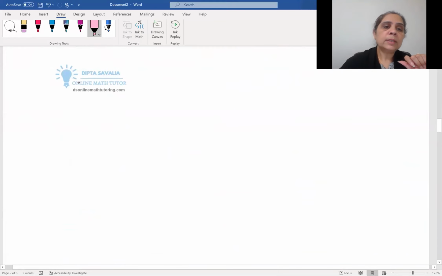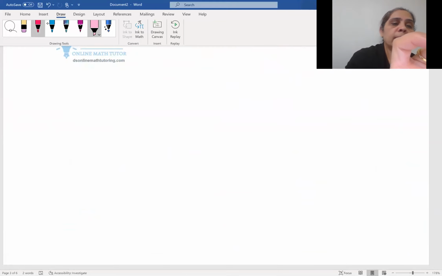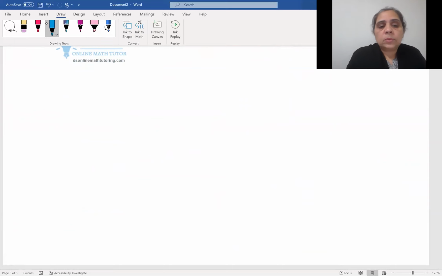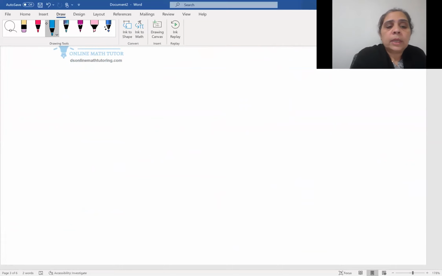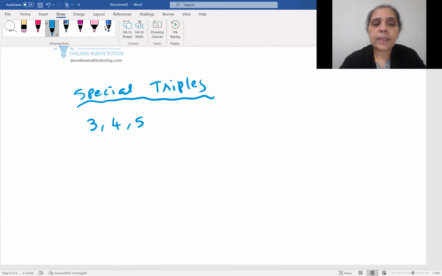Now we can see some special triangles. If you have sides 3, 4, and 5, we have special triples here. You can memorize that. It will help you and save a couple of seconds on your SAT test.